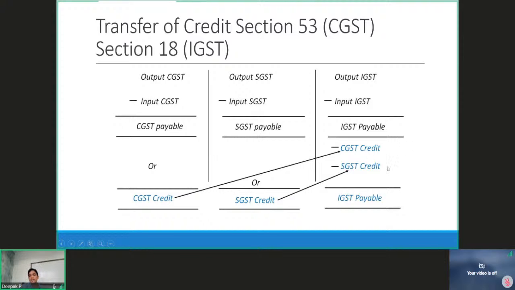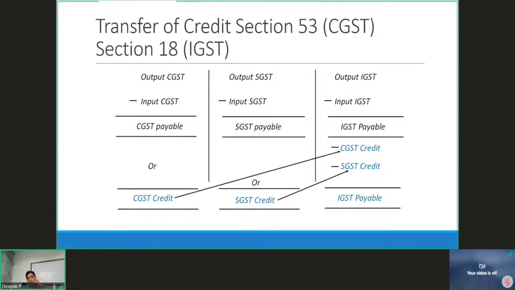So I was supposed to get 80, but because of the CGST and SGST, I've got less. The government says, don't worry, we will transfer the credit. If somebody has utilized the credit, we will offset this on a regular basis. We will pass on the CGST to the IGST and we will pass on the SGST to the IGST. We will move the credit otherwise claimed by a taxpayer. The taxpayer will say, I don't know what the government is doing.